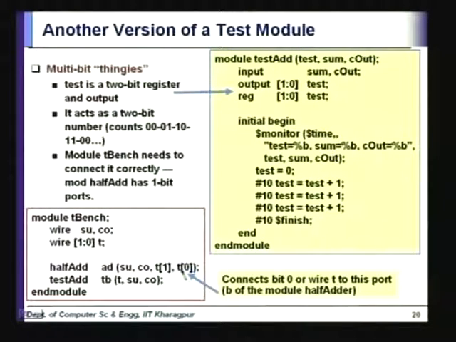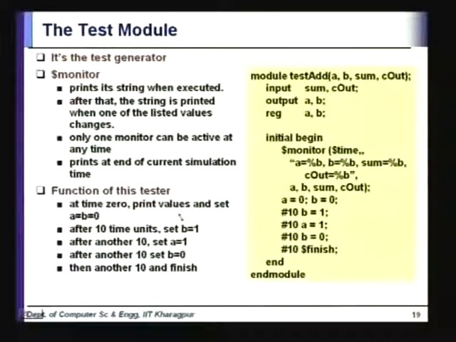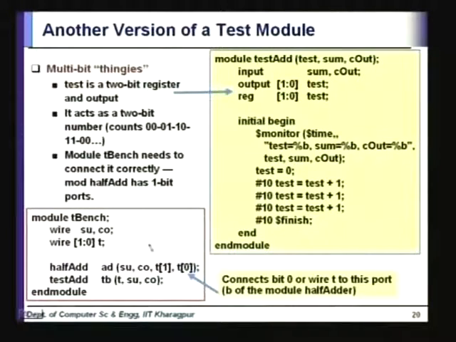The input of the half adder previously in our definition was 2 separate inputs A and B. Now we are saying let the input be a 2-bit wire, a wire having 2 bits. So bit 0 is here and bit 1 is here. That's how we have to instantiate.